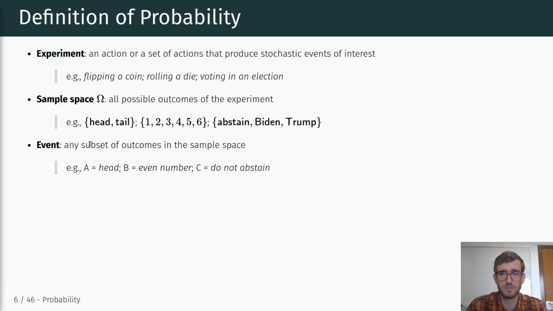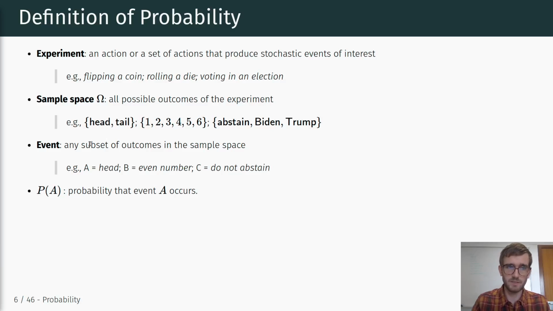Okay, so having this basic framework of an experiment, the sample space related to that experiment, and a specific event as a subset of the outcomes in the sample space, we can then denote the probability as P of A, the probability that an event A occurs, right?